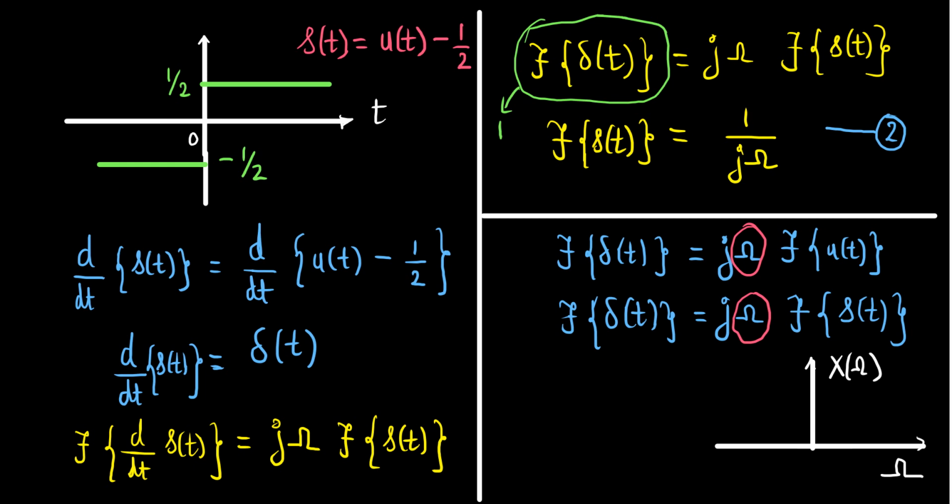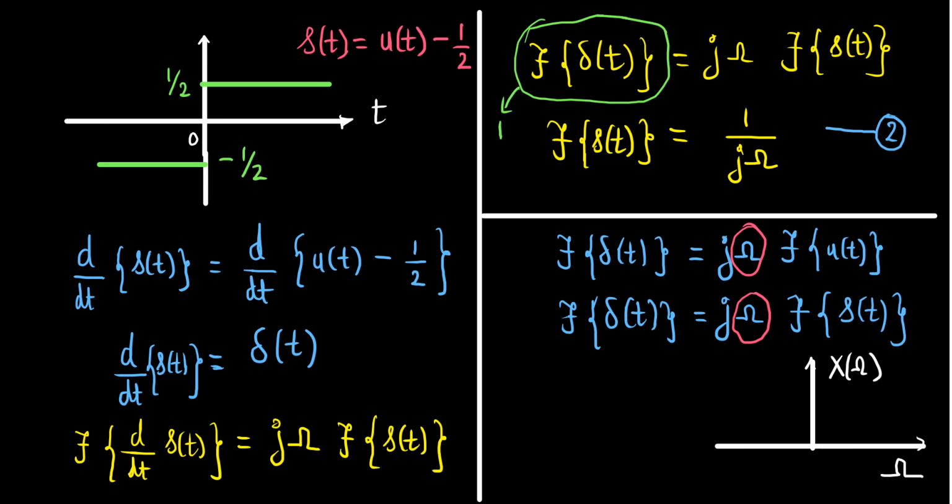And just because we are multiplying the Fourier transform by j omega, when omega turns out to be 0, the value present at omega equals 0 will be removed, or made 0. For s of t, the DC content is already 0. The average value of s of t is already 0. Therefore, even if we multiply by omega, when omega turns out to be 0, it's getting multiplied with 0. So that's fine. But it is not fine with the Fourier transform of u of t.